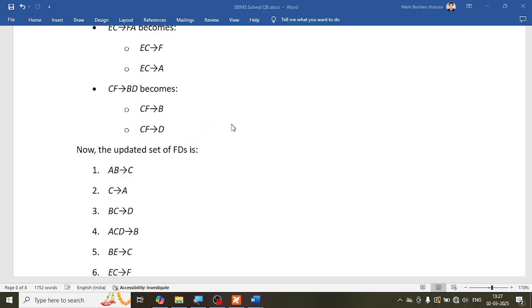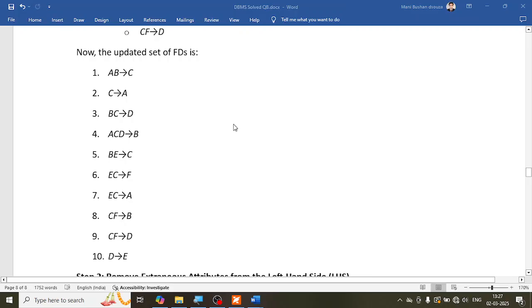Let us write down all the functional dependencies now. You will notice that on the right hand side of all the functional dependencies you have written, there is only a single attribute.